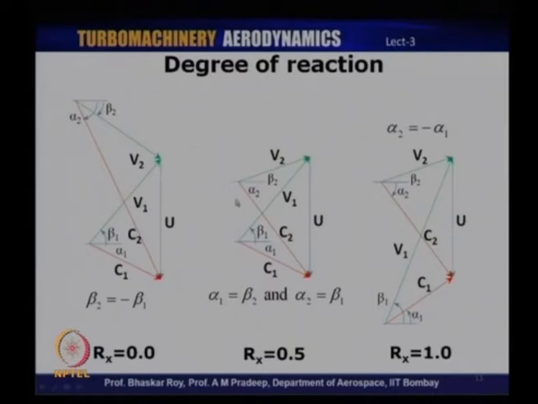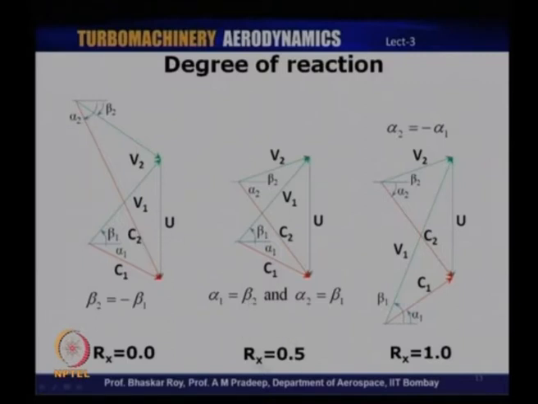So, there is no change in relative velocity as it passes through the rotor, and since there is no change in relative velocity, there is no diffusion taking place in the rotor, the entire diffusion takes place in the stator. The absolute velocity on the other hand of course increases, there is a tremendous increase in absolute velocity from C1 to C2.